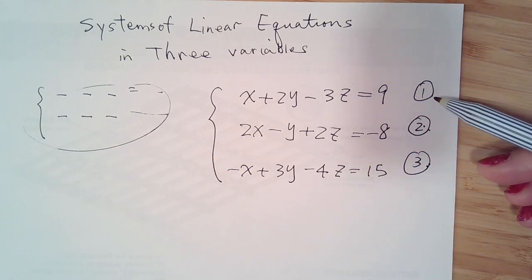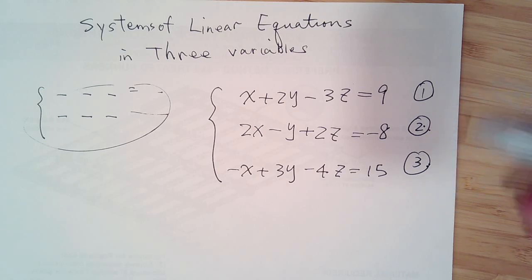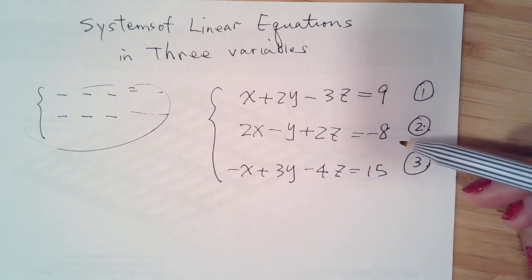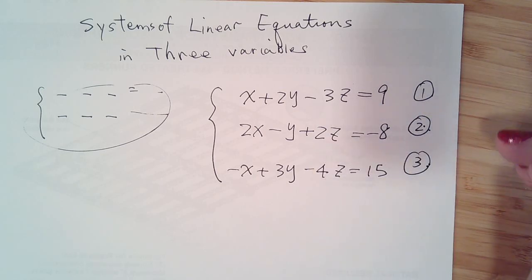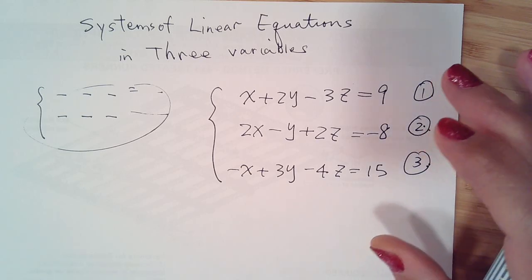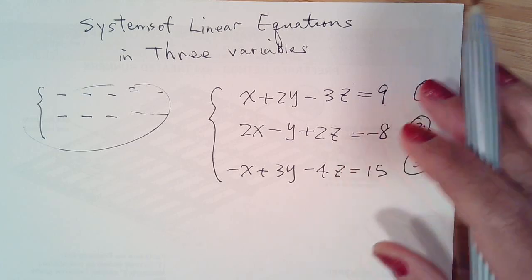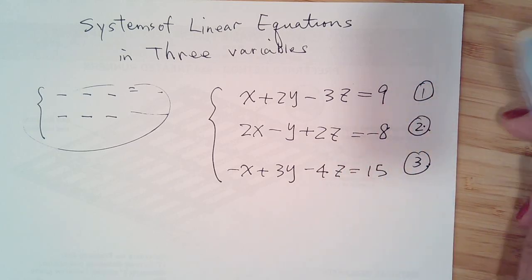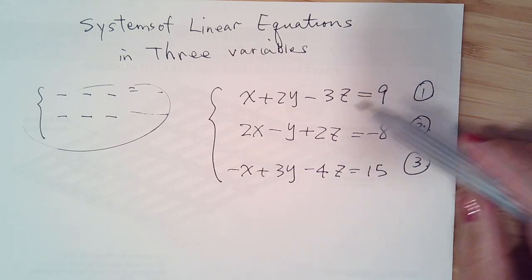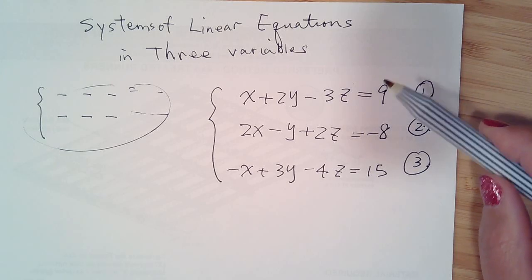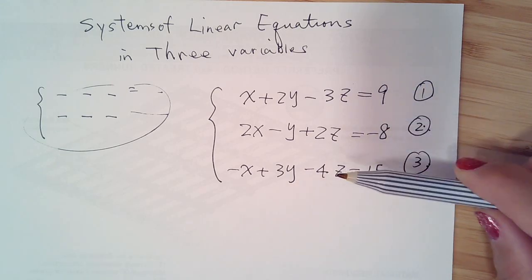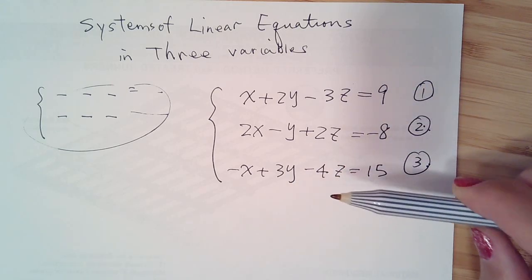Okay, so now we pay attention. For all questions that look like this, there's no fixed method. There's really no saying you have to do this, you have to do that. However, you can choose whatever method you like. You can eliminate whatever variable. However, no matter what you do, at the end, you should have exactly the same solution.